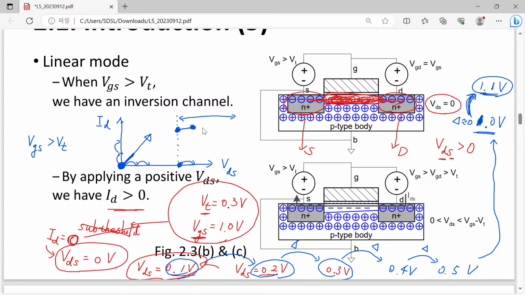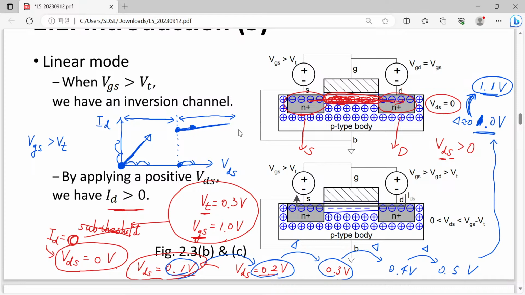So it is needed to distinguish these two cases. One case just behaves like a resistor, so there will be a certain linear graph. After that, beyond certain values, current is more or less fixed and doesn't increase much.